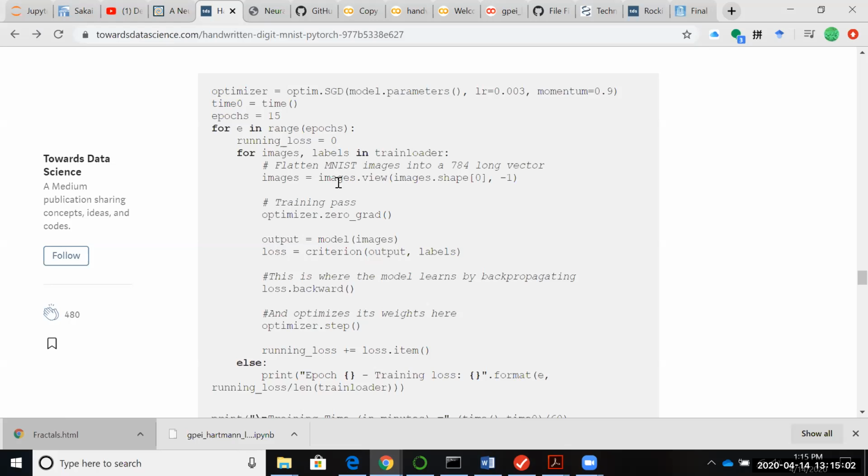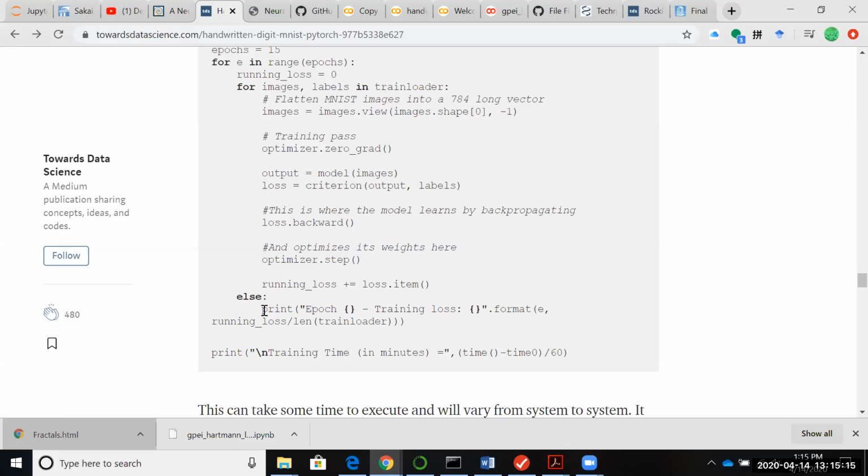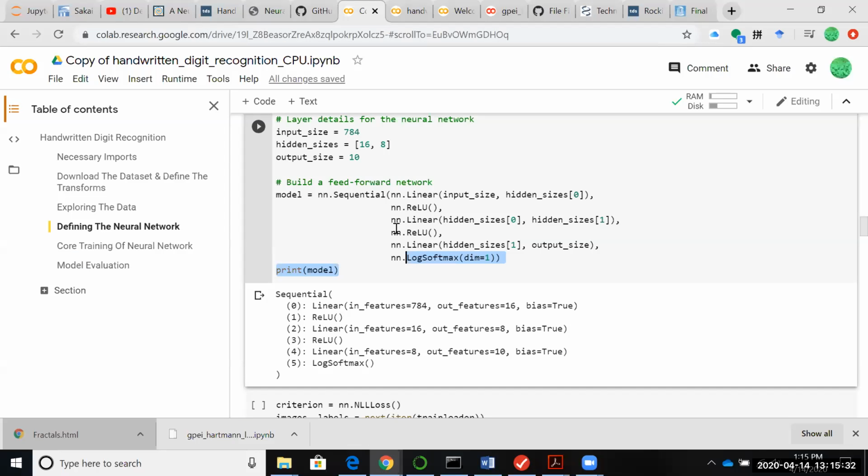Then you run through all the images in a batch, and you accumulate all the loss, and then we print out the loss. This is just for our visual purpose, to see what's the loss after one batch of training, and then you run after one epoch of training. And then you do that again for 15 epochs, and finally it prints out the number. So we have that going on here.